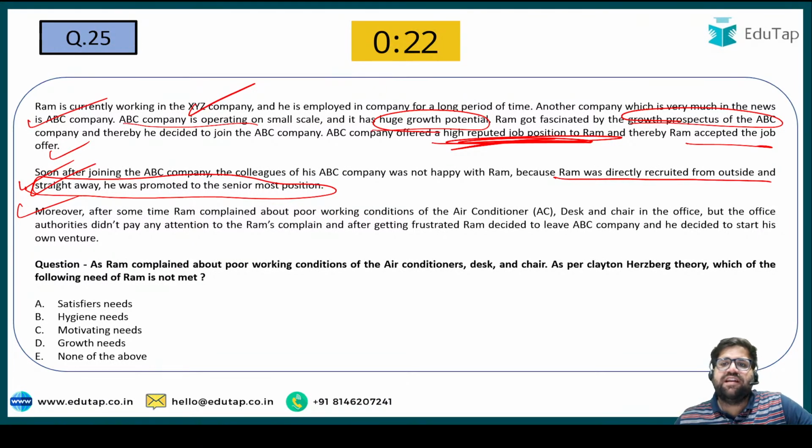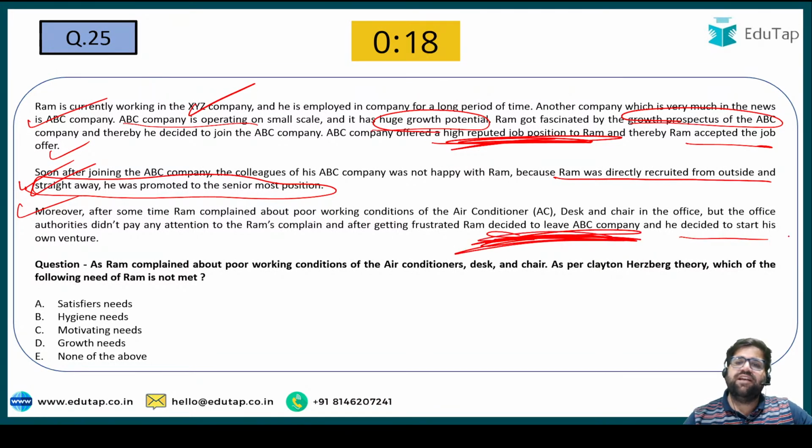After getting frustrated, Ram decided to leave ABC company and start his own venture. This is about a 90% replica of the same paragraph which was there in your examination as well. If you can answer this question, then all your concepts regarding motivation are clear.